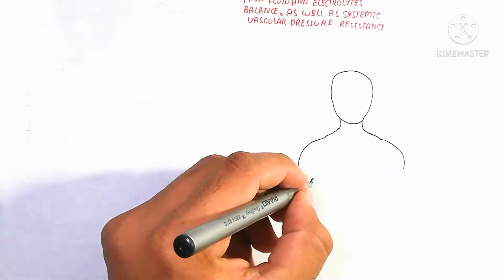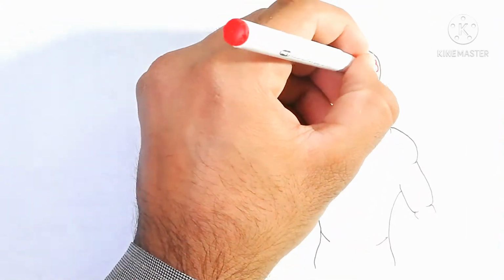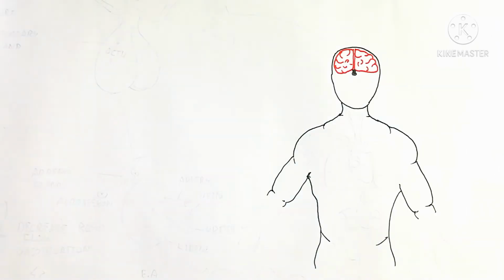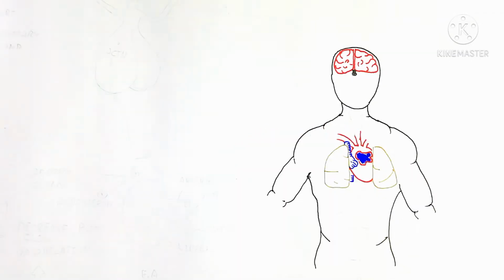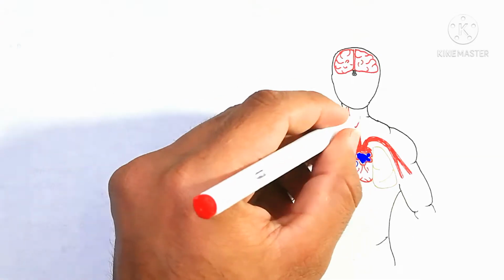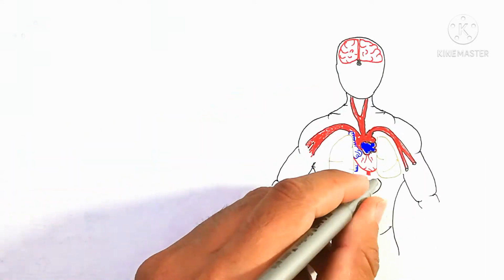So the renin is produced from the juxtaglomerular cell of the nephron into the glomerulus. So that the juxtaglomerular cell will be produced. So here I am drawing the structure of the human body, which contains the organs of the renin angiotensin system, which are used for it.